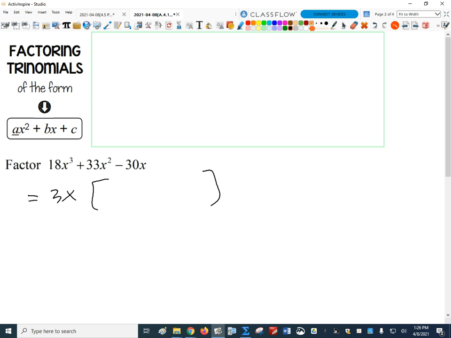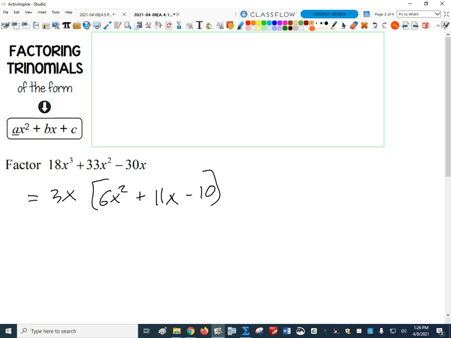If we undistribute a 3x, what are we left with from the first term? Everybody agree? 6x squared. Next term? 11x. There you go. And then the last term? Minus 10. Okay, good. So we pulled a 3x out front.